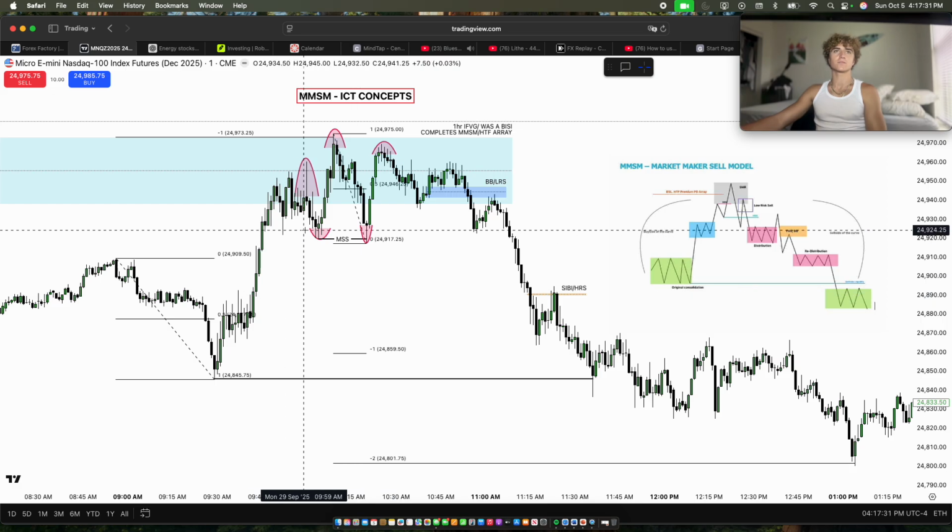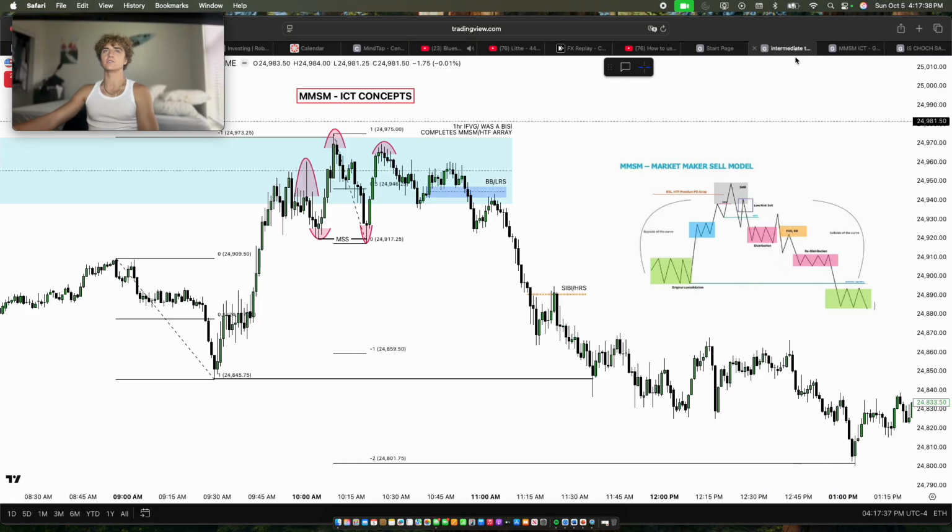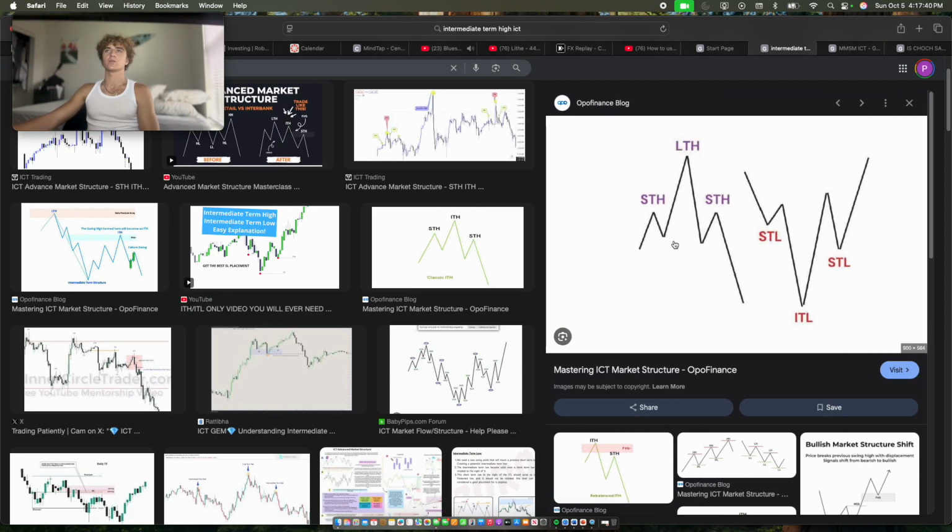Let me see. Right here. You see how you can start from this. We have a short-term high, a low, short-term low, you could also say a long-term high, then in this we have another short-term low, short-term high, and break lower. You can see how we have a high, higher high.